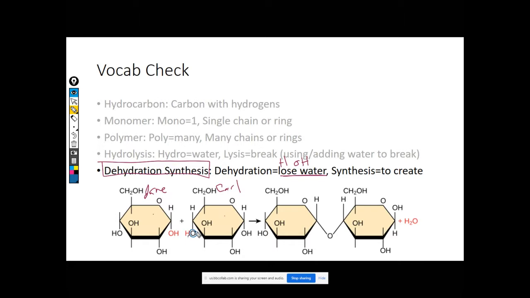Okay, so Carl's got to lose an H. Okay, and Jane, I guess we'll give her the bloody stump this time. Okay, she needs to give up her hand and an H. So there we go, H2O. Okay, so that water is what's being released. There we have lost water, we've dehydrated, and now we've got one hand.